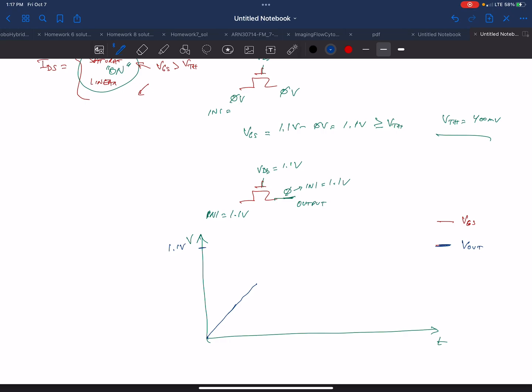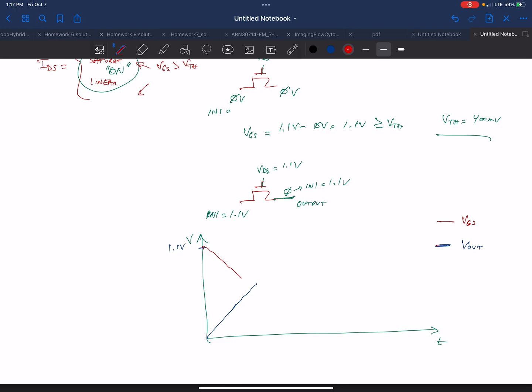As that's happening, think about the gate source voltage. The gate is at 1.1 volt. The source is at V at the output. So V gate source is shrinking as this is going up. Initially my V gate source was at 1.1 volts, but it's shrinking as my source value comes up.